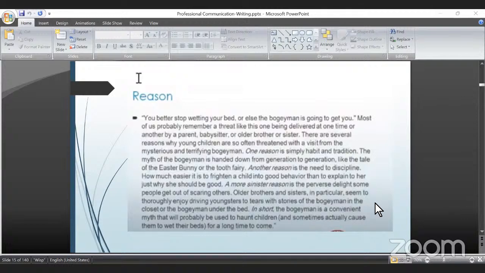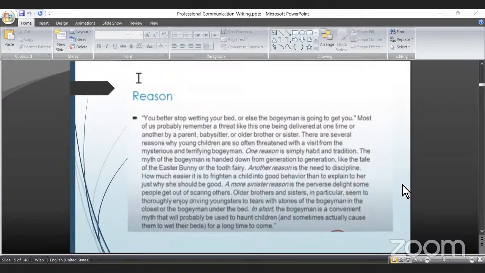Okay. Actually, it is talking about a concept like the bogeyman. Whenever any elder brother or sister wants to frighten the younger one, they will use this concept of the bogeyman to make them fearful. So that is the method they use.